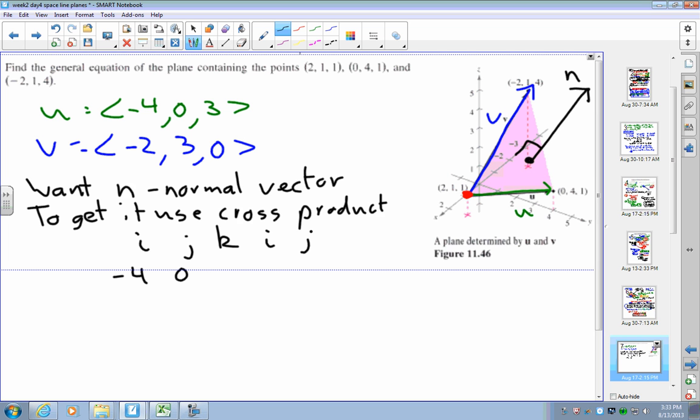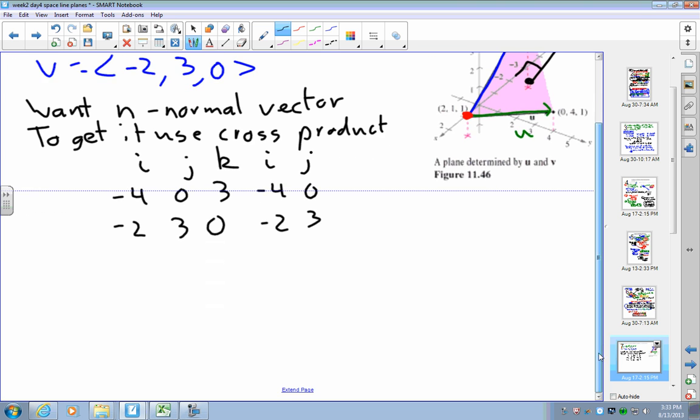Negative 4, 0, 3, negative 4, 0. And then we've got negative 2, 3, 0, negative 2, 3. We're going to do the cross product here, which gives me my n vector. So I got negative 9, negative 6, negative 12. Okay? So there's my normal vector.